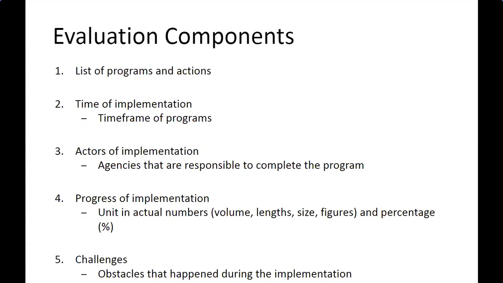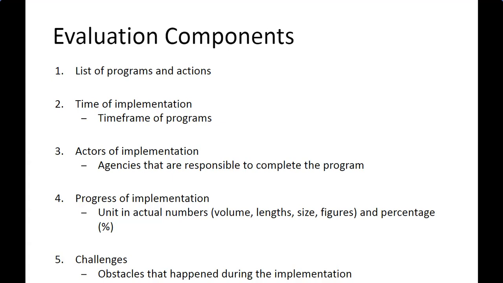And to evaluate the performance of spatial plans, what we need first is the list of programs and actions. So what kind of programs, what kind of action plans are being proposed by the planners, we have to have a list of it, because we need to really assess whether the program or the action plan is implemented or maybe not implemented.